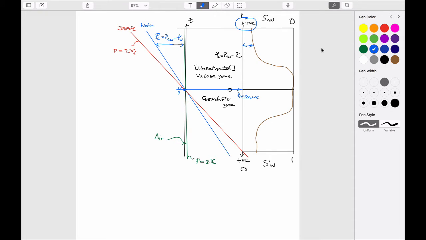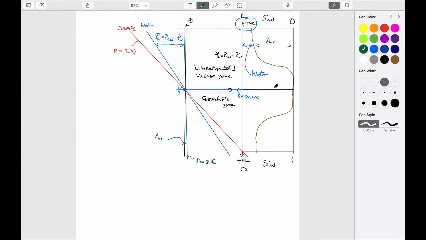And so this would be water. And if we use the same color scheme that I'm suggesting, this would be the non-wetting. So it immediately allows us to say something about the distribution of the saturations as we go up through here.